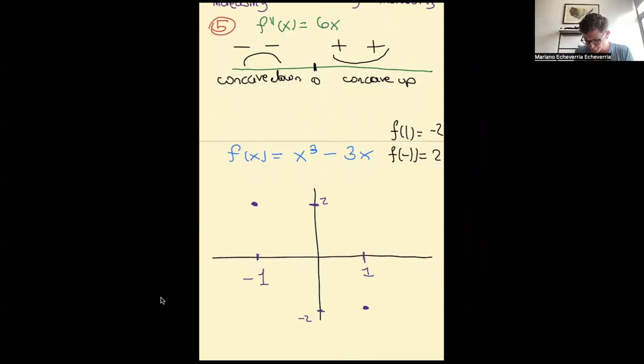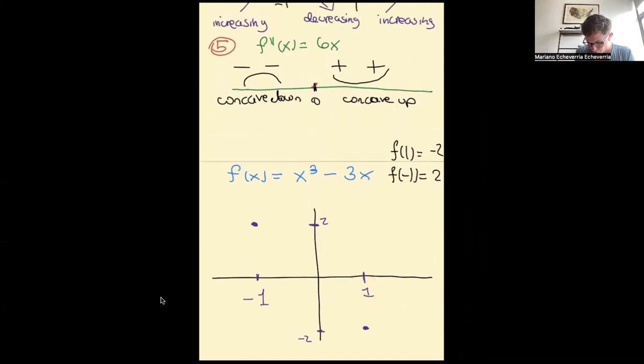So again, you look at 1. 1 is bigger than 0, so 1 falls in the region where the function is concave up. What that means is that near this critical point, the function looks like a happy face. So you can draw a happy face near this point. Let me use a different color to indicate how you start drawing it here.